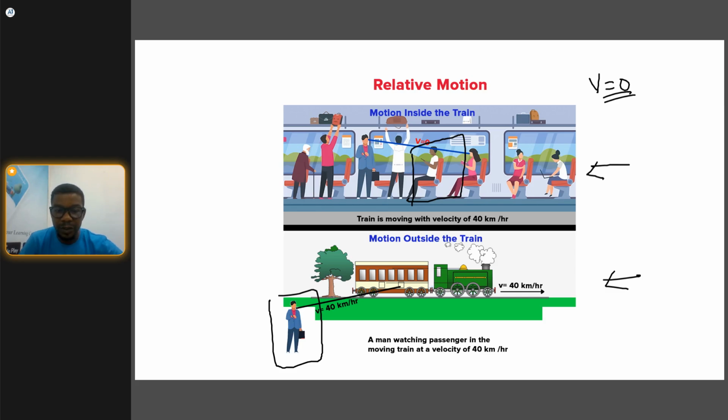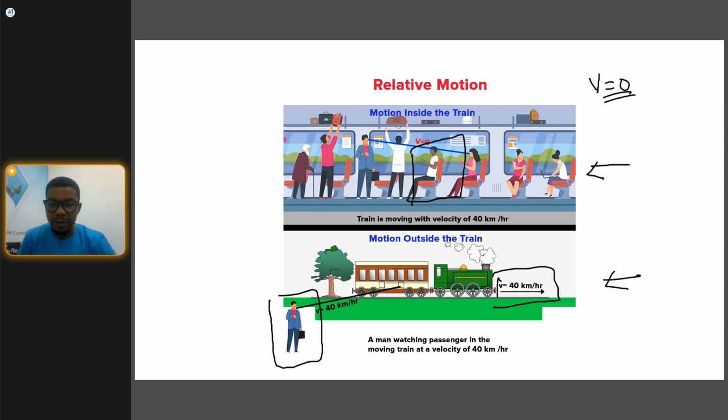What is moving is the train, not the boy. So if the observer outside sees the train moving at 40 kilometers per hour, the velocity of the boy inside the train will be the velocity of the train.